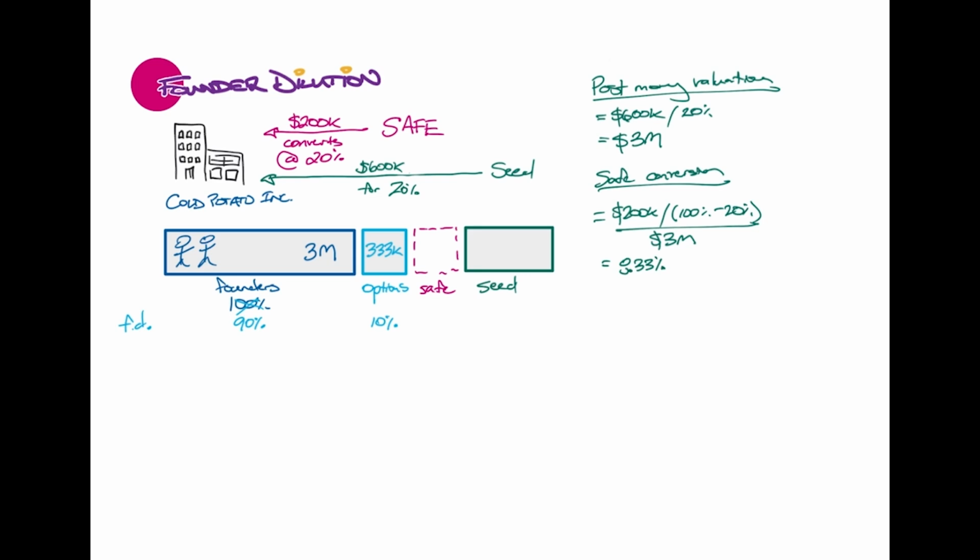If you recall from our last example, the SAFE holders only had 5% on conversion, so that extra 3.33% is going to dilute the founders and the option pool.